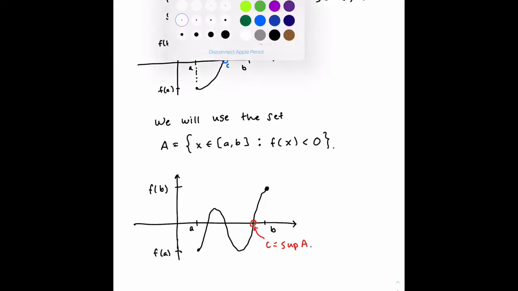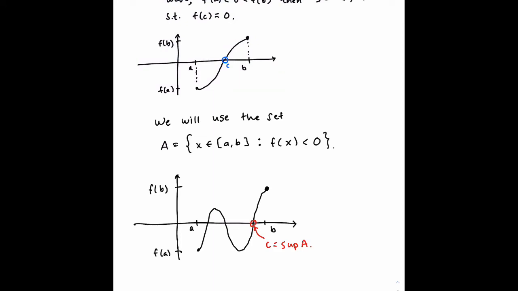So the set A, notice that I'm talking about a collection of x values such that when you plug them in, the function is negative. And so what that means, if I look at my graph, capital A is going to be the set that I'm highlighting in blue.